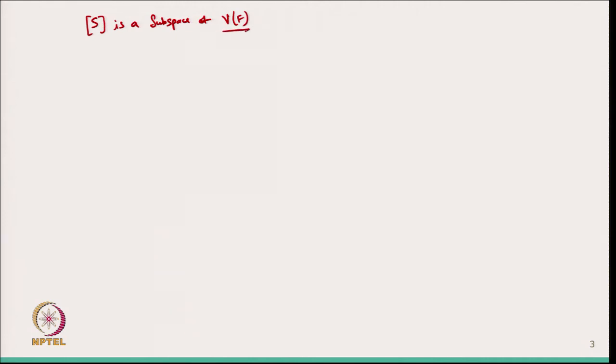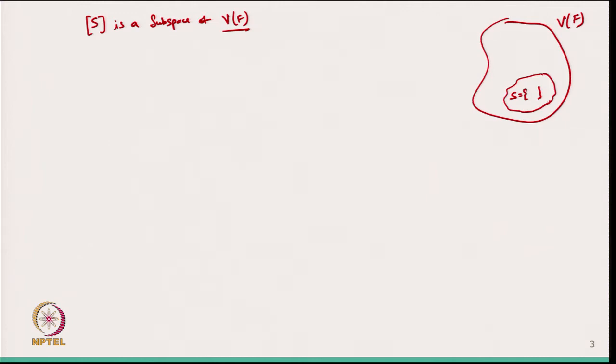It means that first I have some vector space V over the field F. Out of that I have taken a set S made up of some vectors, and then I get another set, I call it span S. So, span S is a subspace of V. This is what we are claiming here.